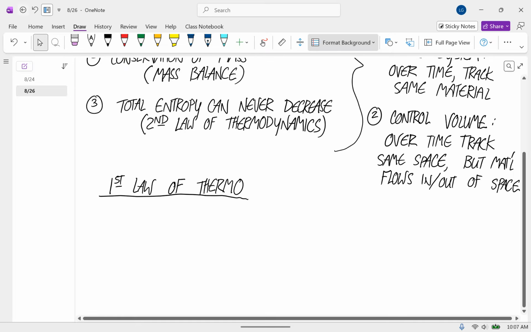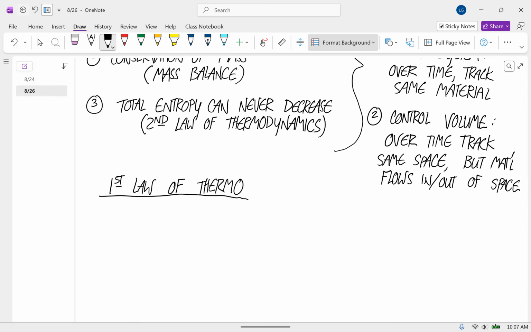The first law of thermodynamics looks like this, and this is for a closed system. The change in energy of the system that you're focusing on is equal to Q minus W.